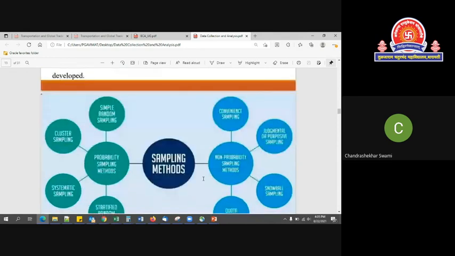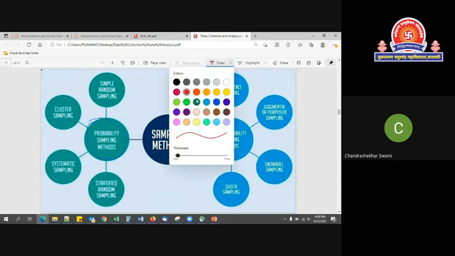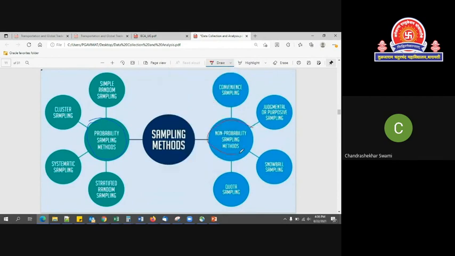So in the sampling method, there are basically two types of sampling methods. One is the probability sampling method, and another is the non-probability sampling method.